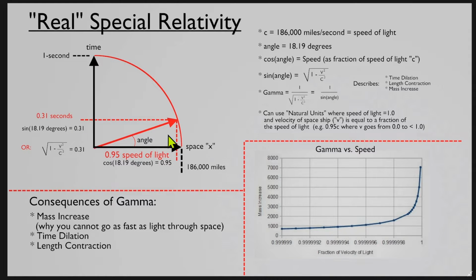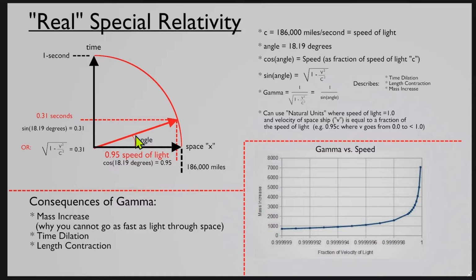The space axis in this diagram shows that I'm moving at 95% the speed of light through space. But I'm still moving at fully the speed of light through space-time. So the faster I go, the more that red arrow rotates towards the space axis.